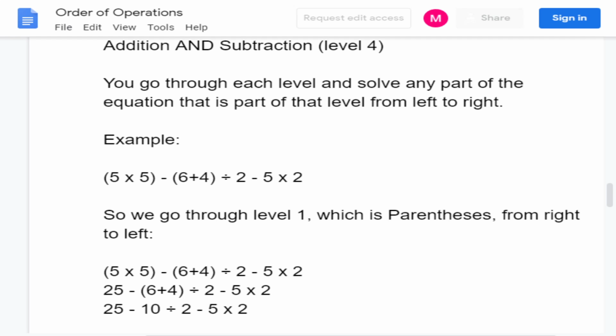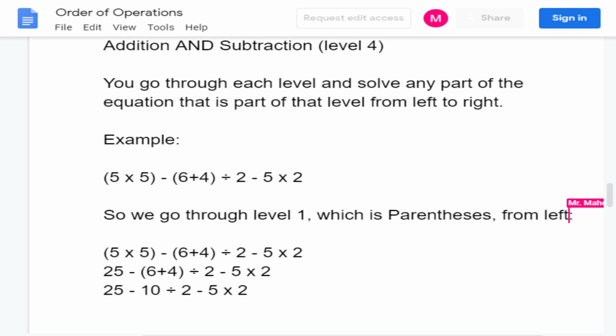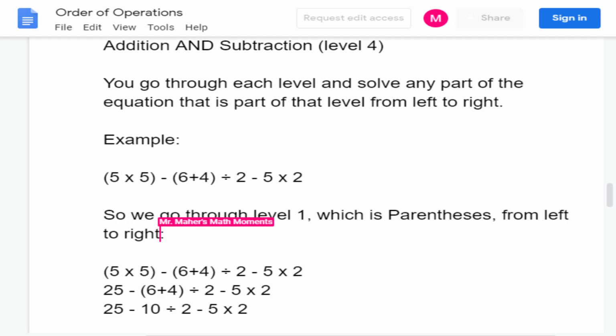The first thing we do is go through level 1, which is parentheses, from right to left. Or, I'm sorry, it says from right to left, but it is actually from left to right. Let's just change that. I apologize. From left to right.